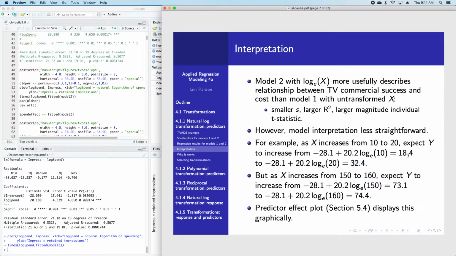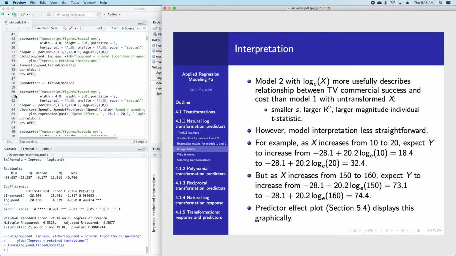Okay, so quite a big increase in y, in expected y, from 18.4 to 32.4 for a 10 unit increase in x. But if we look at a 10 unit increase in x when we go from 150 to 160, now we get a much smaller expected change in y, from only 73.1 up to 74.4. Okay, so how could we look at that in a picture?